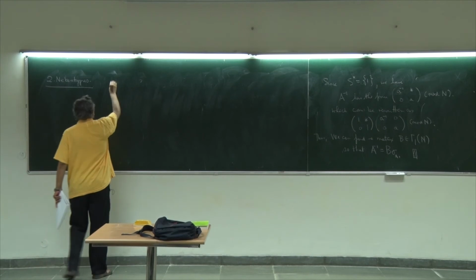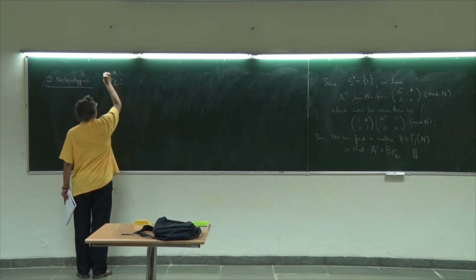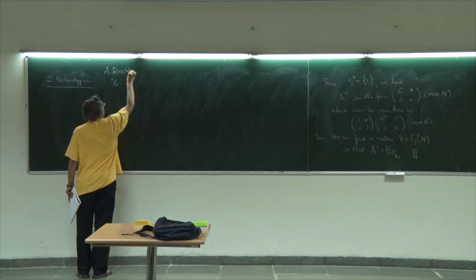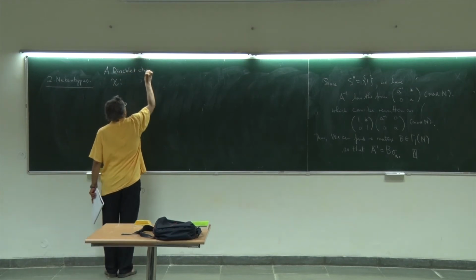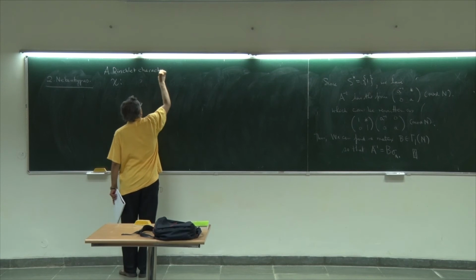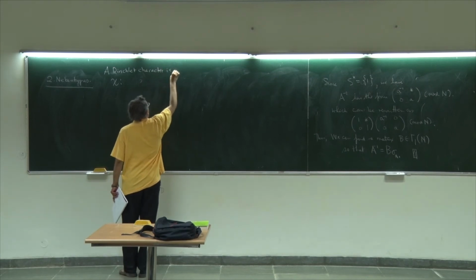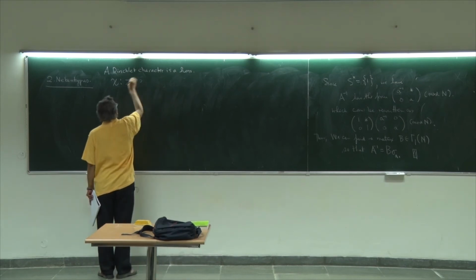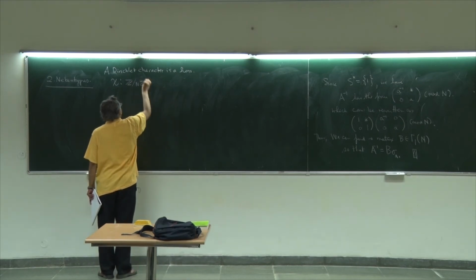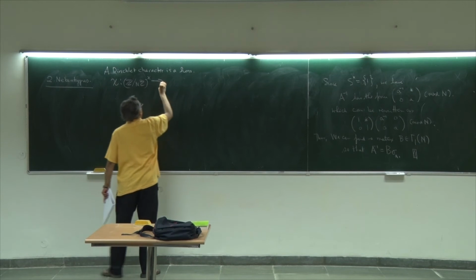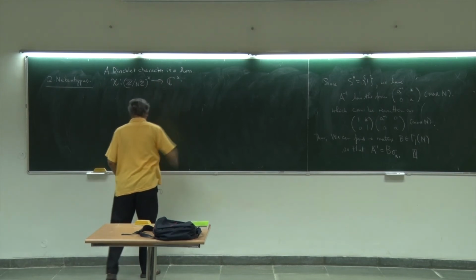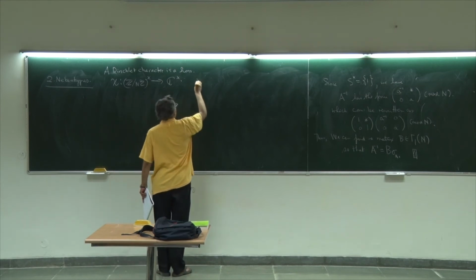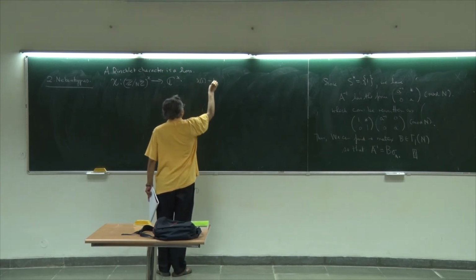So recall a Dirichlet character. A Dirichlet character is a homomorphism from Z mod N Z star into the non-zero complex numbers. Therefore, chi of 1 is 1.